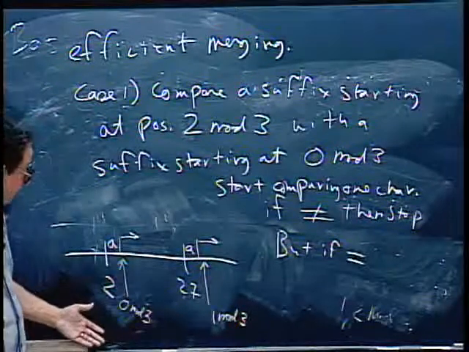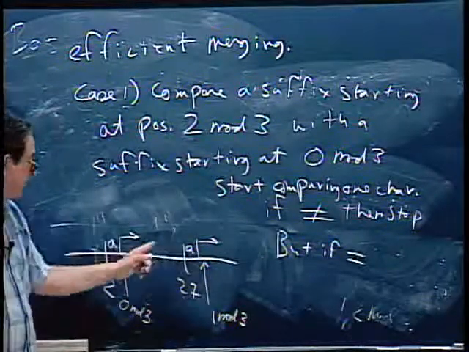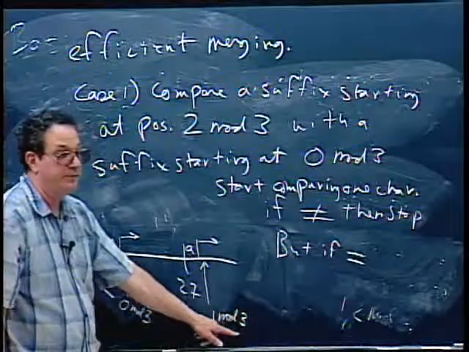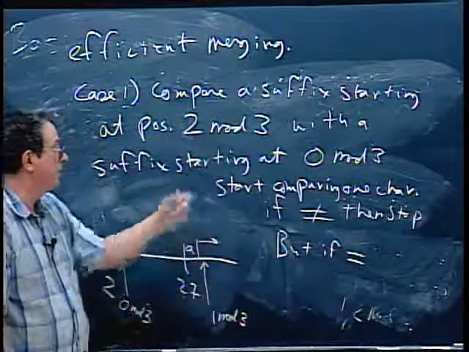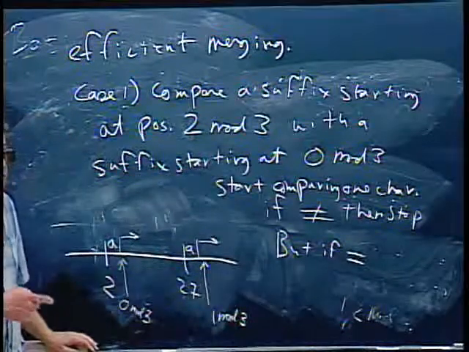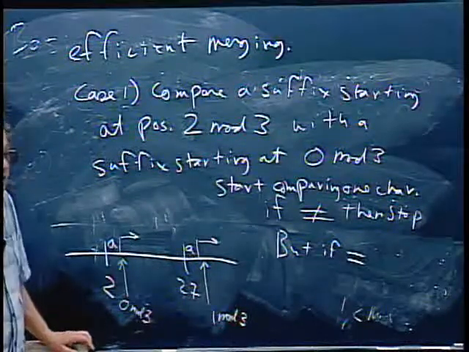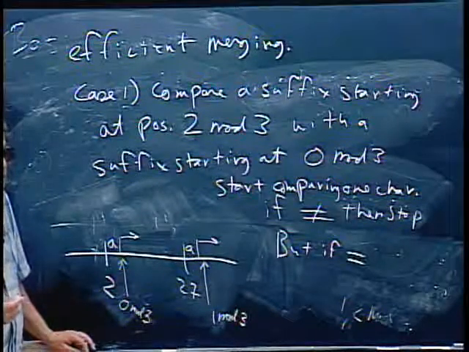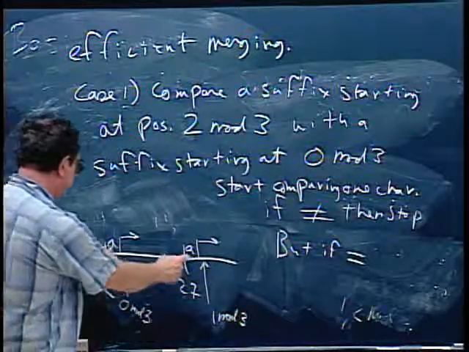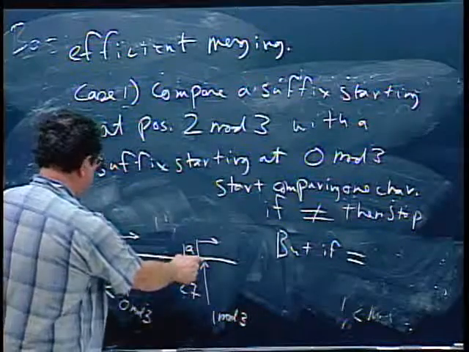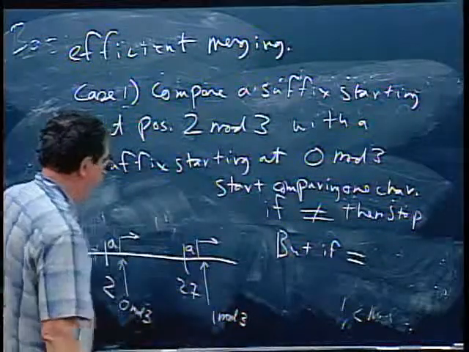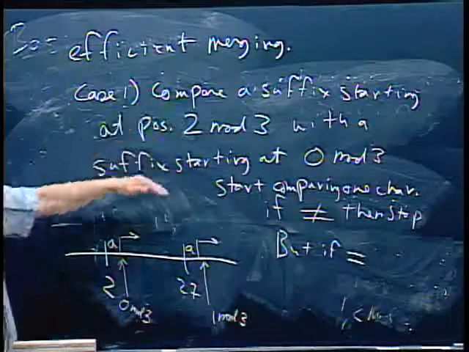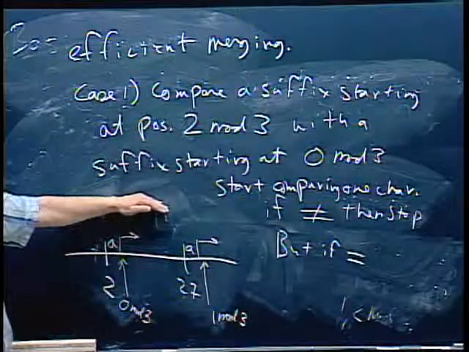But now we have two suffixes, one in position 0 mod 3 and one in position 1 mod 3. And we just showed a minute ago that whenever you have those two kinds of suffixes, you can find out which is lexicographically smallest in a constant number of operations. So we have this first comparison, and then if we have to go on, a constant number of operations from there. Therefore, this case is also doable in constant time.